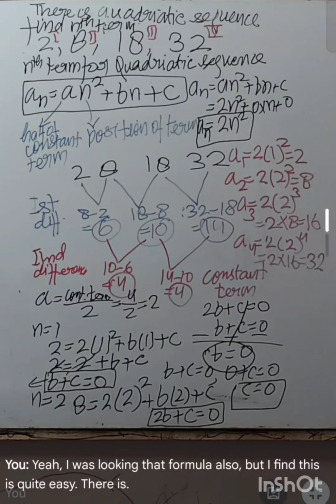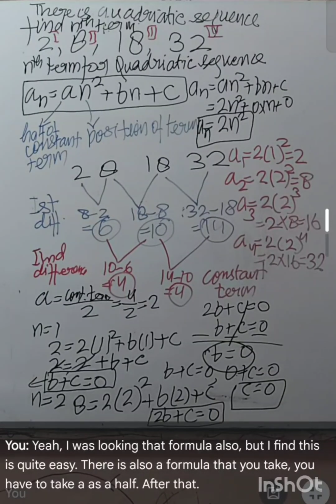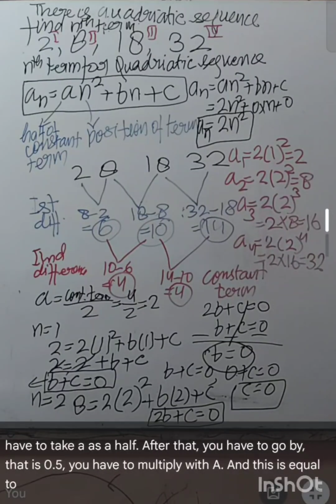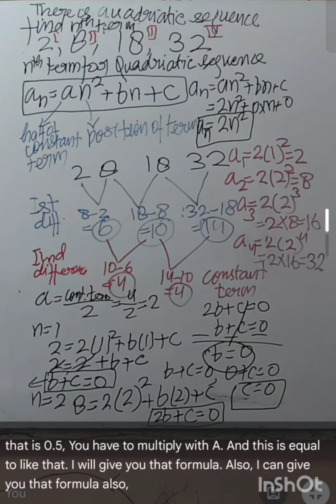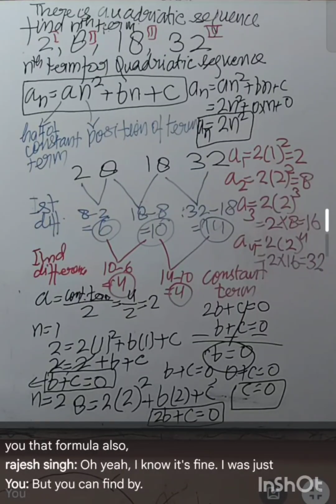There is also a formula where you take a as a half, then multiply by 0.5. I can give you that formula also. Oh yeah, no, it's fine. But you can find it by this method also.